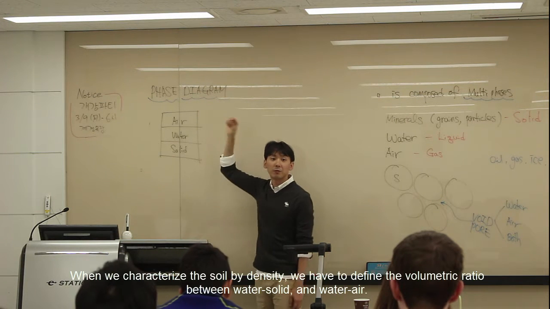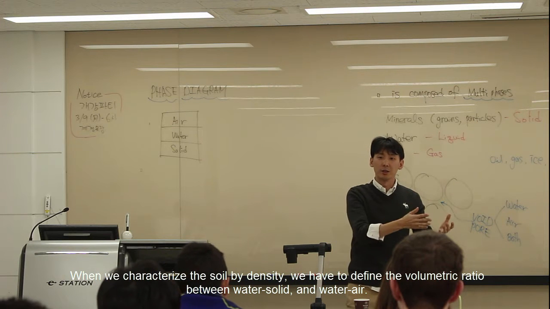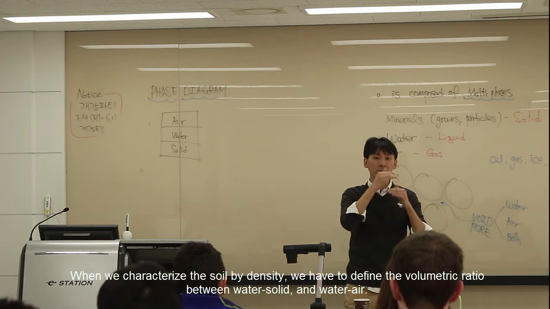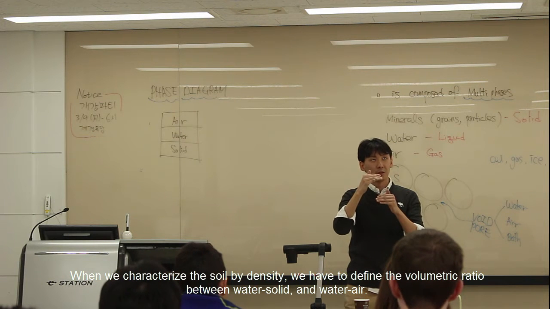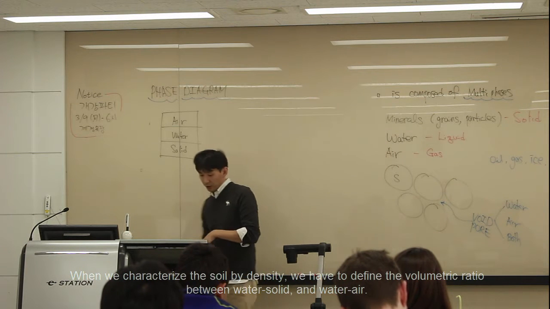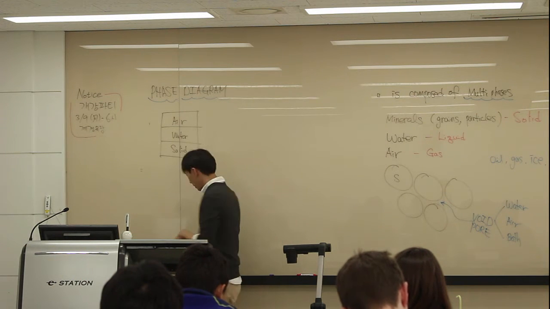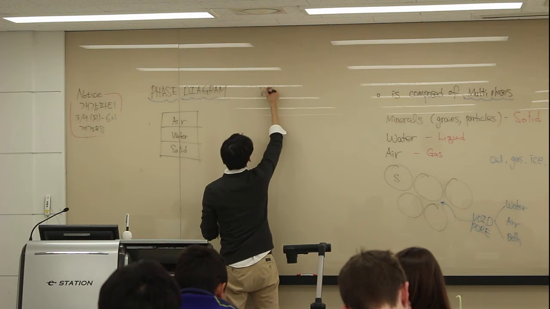Right? So we have to define. First, when we characterize the soil by the density, we have to define what's the volumetric ratio between water and solid and water and air. So that's what we want to define first. Volume ratio.